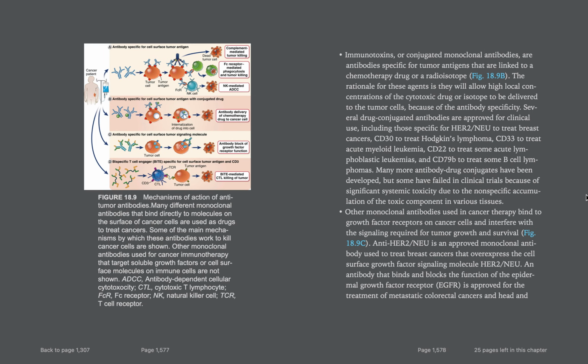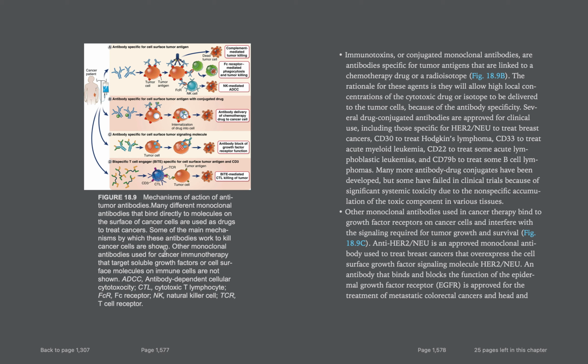Sorry, we forgot to pass through this diagram. So actually this is cancer patients who receive these different types of management. These are mechanisms of action of anti-tumor antibodies. Many different monoclonal antibodies that bind directly to a molecule on the surface of cancer cells are used as drugs to treat cancers.